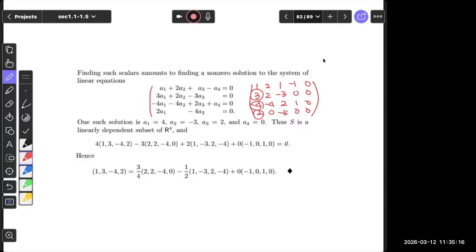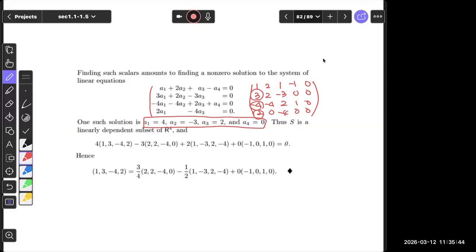And then you go to the next column to eliminate the entries below the pivot and so on. Then for this particular problem, you can find many solutions. One example will be this. But that's not the only solution.